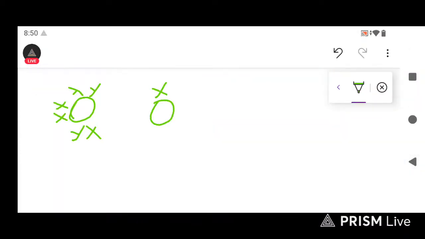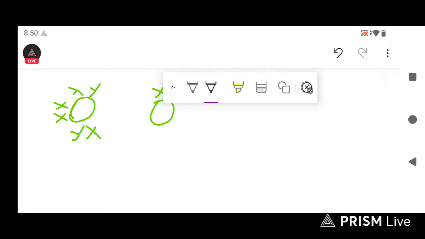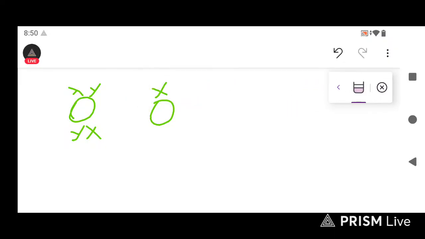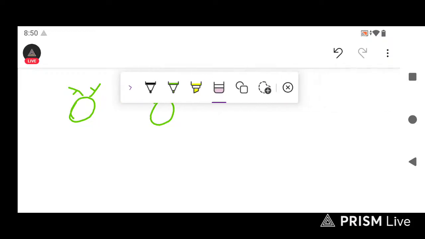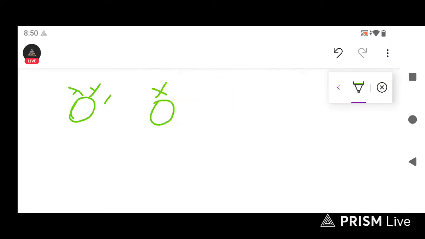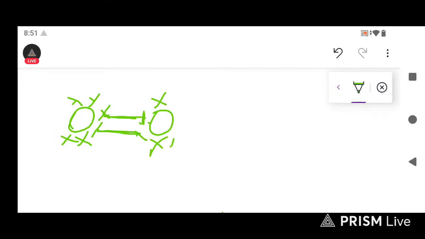This oxygen also has 6 valence electrons: 1, 2, 3, 4, 5, 6. They pull the shared pair of electrons towards themselves in a very equal way, so the shared electron pair lies exactly in the middle of both atoms. So it has pure covalent character and no charge separation.